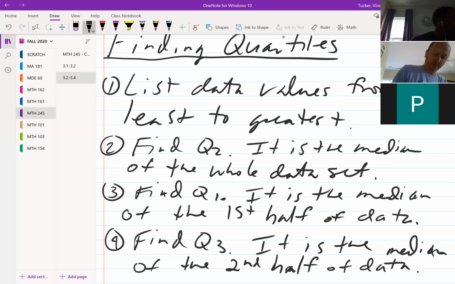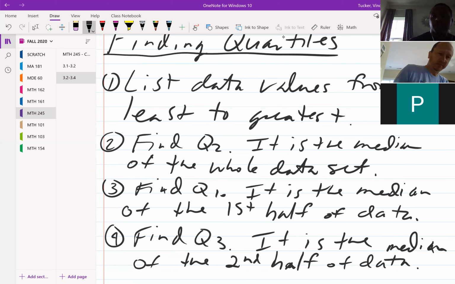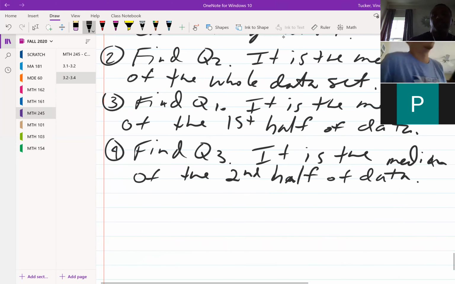All right. As a matter of fact, what I'll do is show you the other things, and then we'll apply all this stuff to a data set.